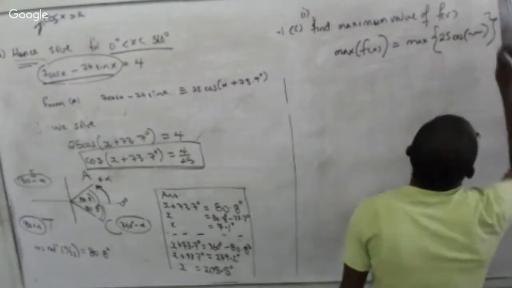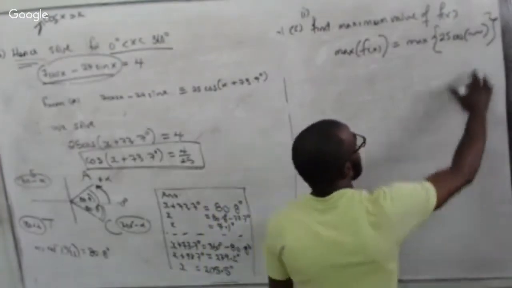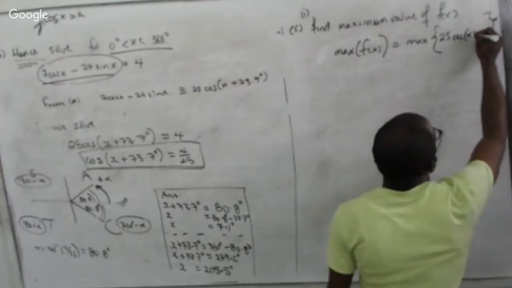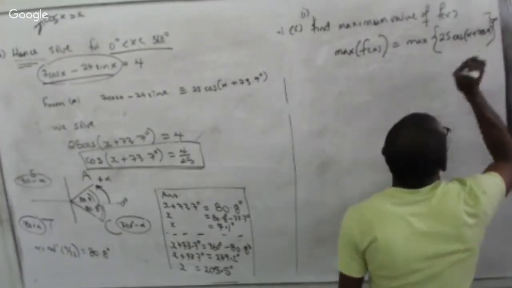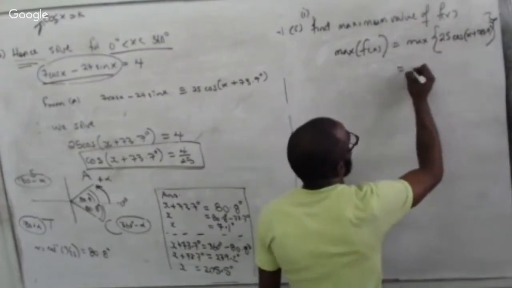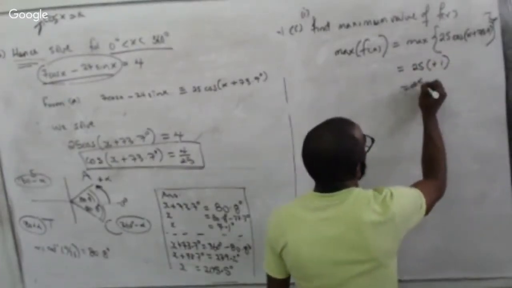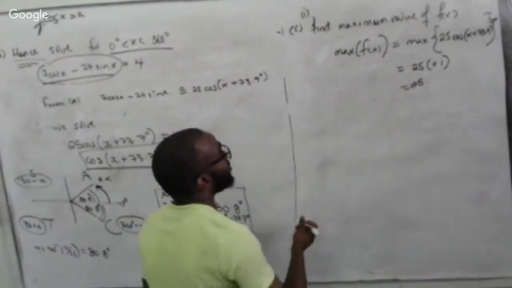And I know the key was inside. But just for the example, cosine of x plus 73.7. Then this is clearly going to be 25 times 1. So that is 25. That's the maximum there. That's the maximum y value.